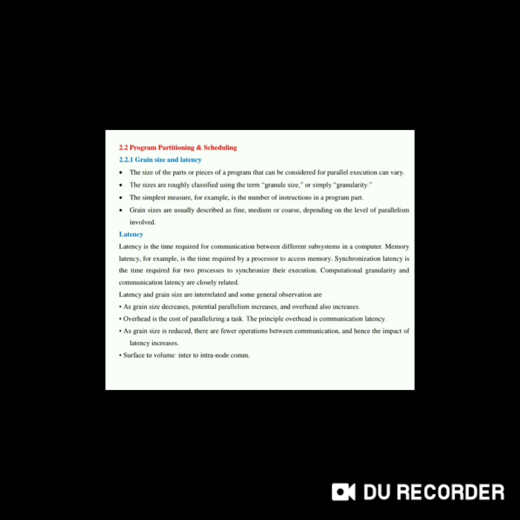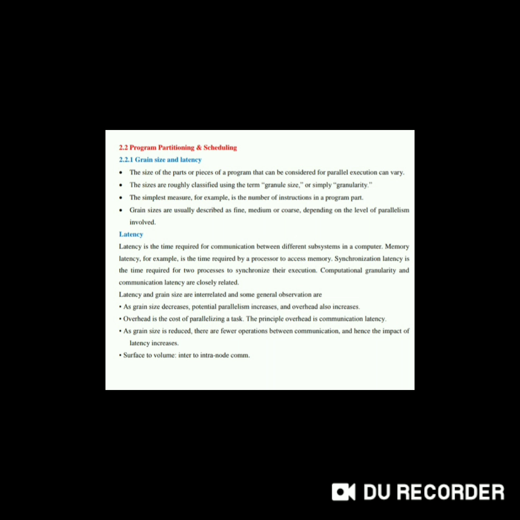The second one is latency. Latency is the time required for communication between different subsystems in a computer. Memory latency, for example, is the time required by a processor to access memory.